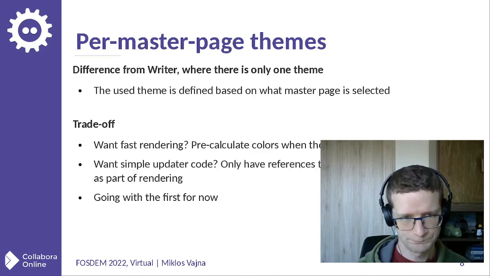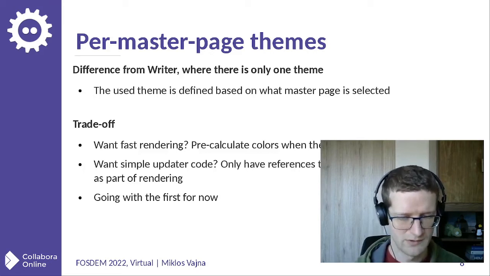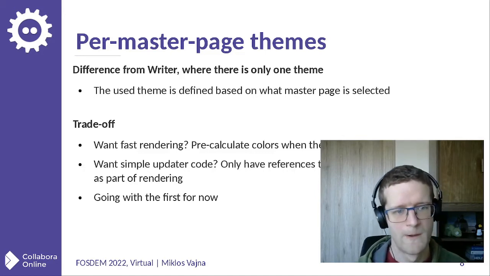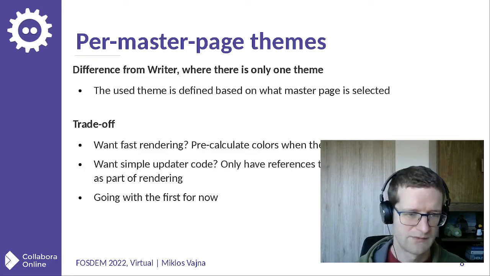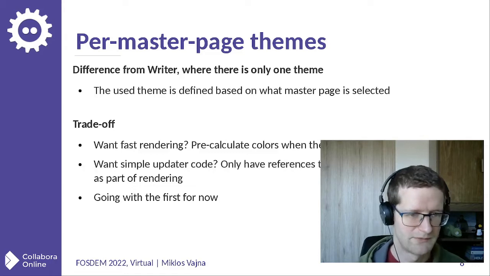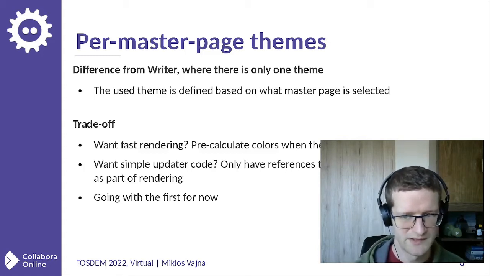So as mentioned, compared to Writer, the Impress case is a bit more complicated. We can have themes per master page, and then you have a trade-off here. You might want a simpler update code, or you might want fast rendering. If you want fast rendering, then you pre-calculate all the colors when the theme is changing. So basically this is implemented at the UI level.